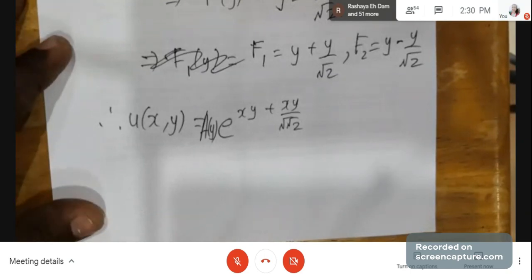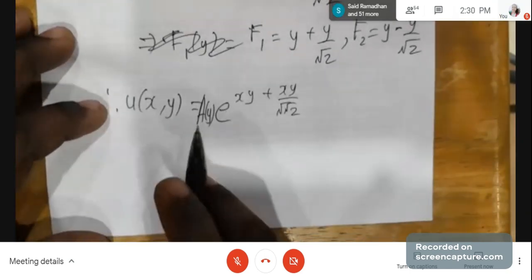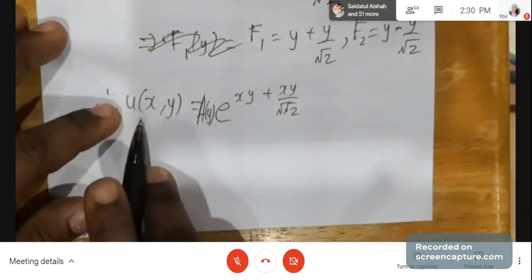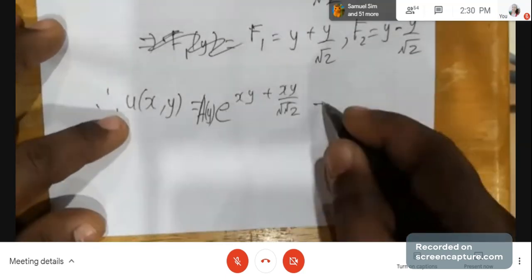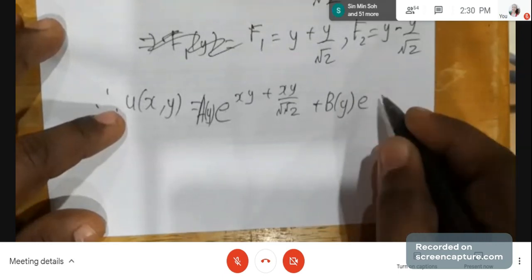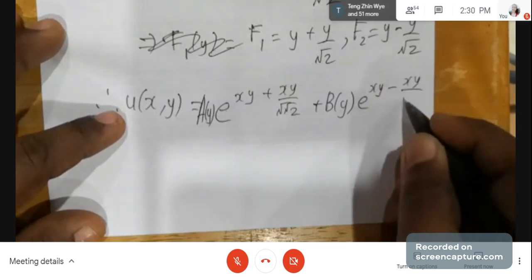The earlier ordinary case was just a constant. Here, partial differentiation with respect to x is treating all the functions in y as constant.